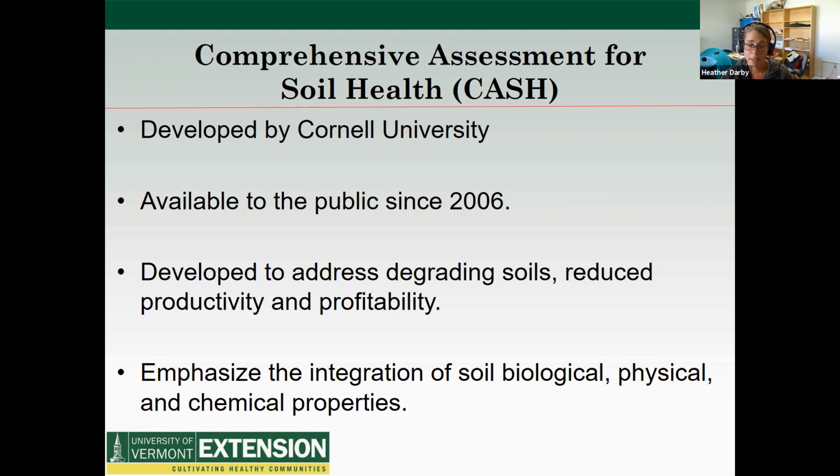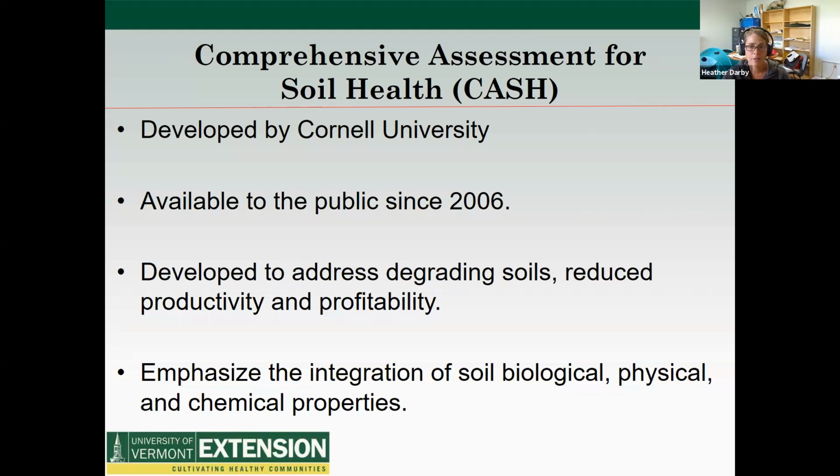And they were hoping that if they could engage farmers and practitioners in this conversation of soil health and give them some tools to help them measure it, it would lead to change in how we manage soils and look at them. And it indeed has really done that.